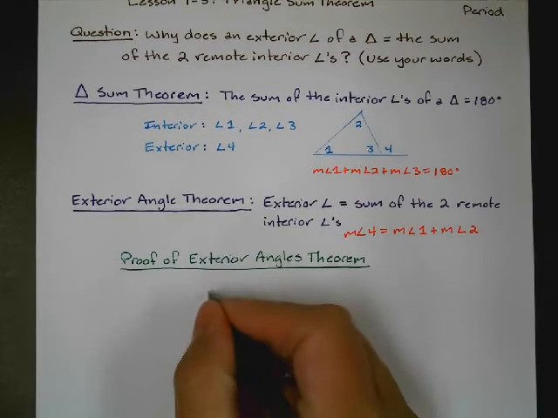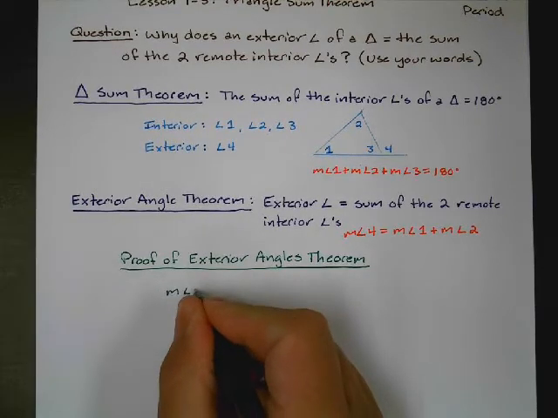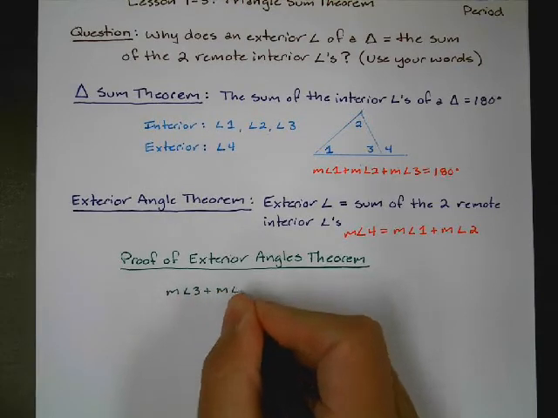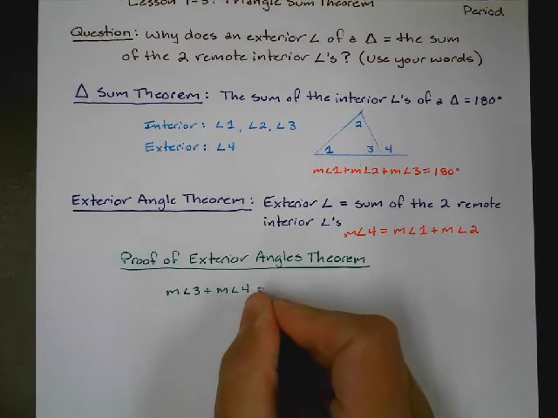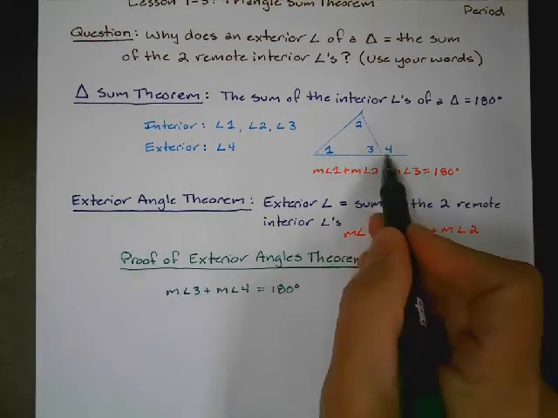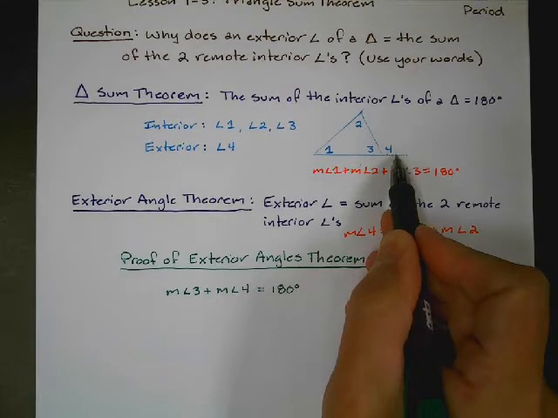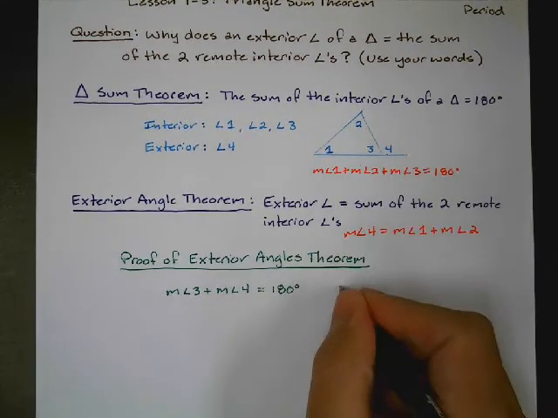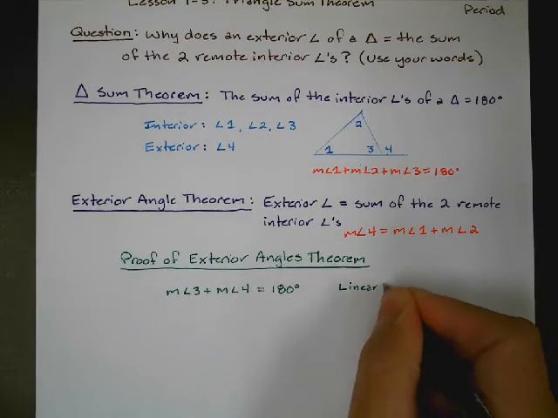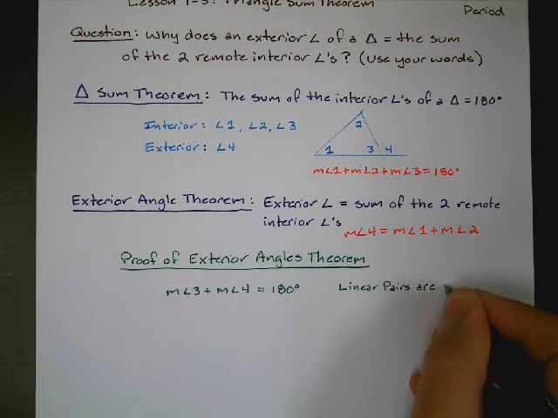So I'm going to say the measurement of angle 3 plus the measurement of angle 4 must equal 180 degrees. Why does it equal 180 degrees? Because those two are linear pairs, and linear pairs are supplementary. These two make a straight line. So I'm going to just say the reason over here is linear pairs are supplementary.